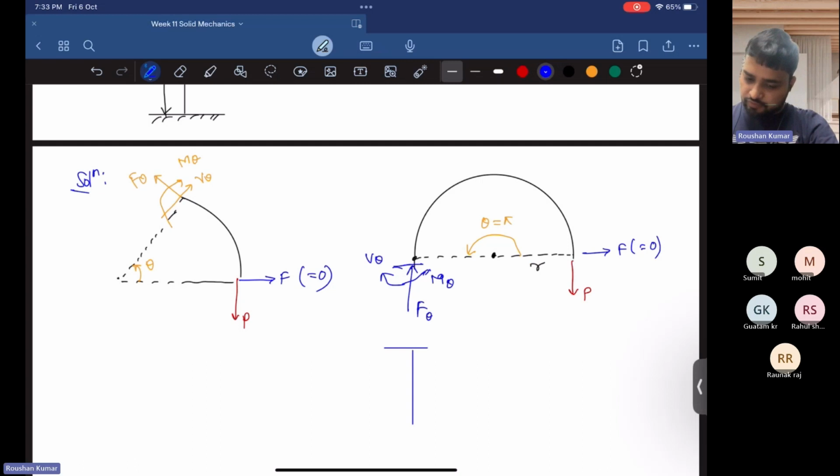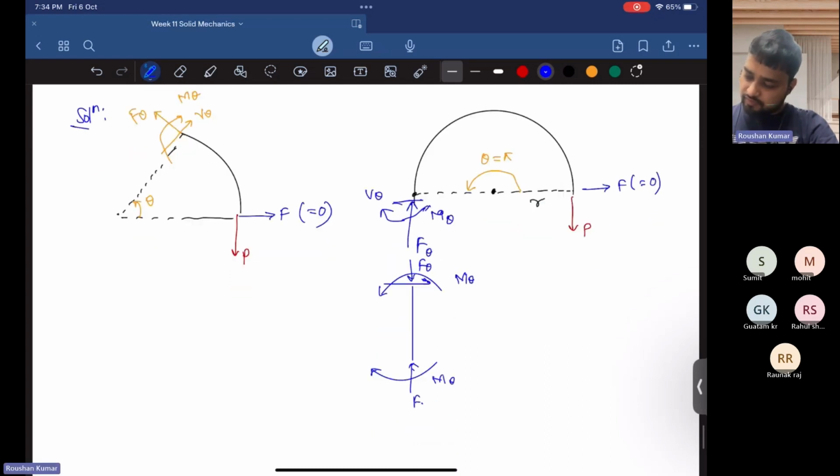Now again here is some shear force. There is some compressive force F theta acting, and also some moment M theta. There is some compressive force Fx and some shear force Vx acting at a distance of x.